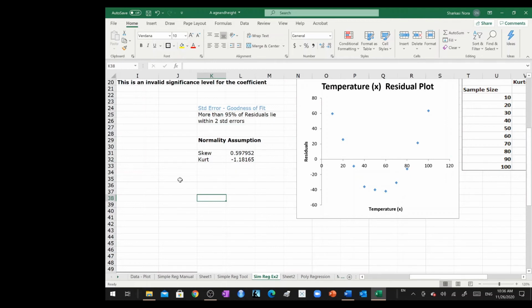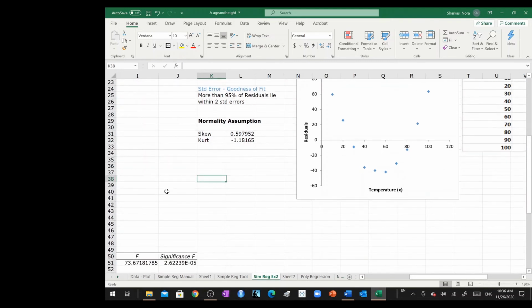With heteroscedasticity, basically you need to plot the predicted values versus the residuals. In the PowerPoint slides, I have more examples and explanations about it. So please go ahead and take a look at some of these examples.